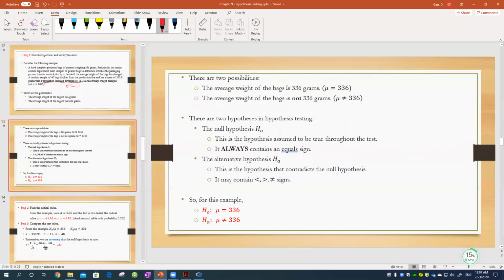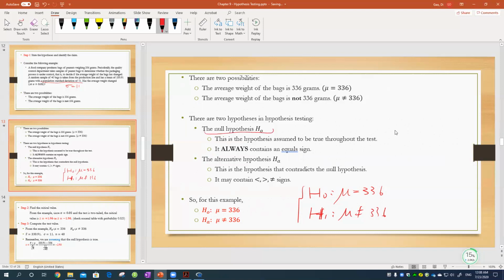Then we can say the average weight of the bag is not, so mu equals or mu does not equal, and then we're going to set up like this. So the null hypothesis H naught: mu equals 336, and the alternative H1: mu does not equal 336. And there are two hypotheses in the hypothesis testing.